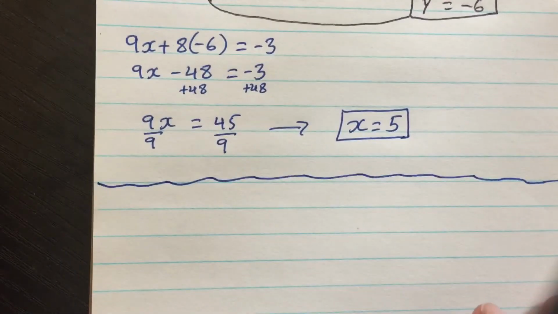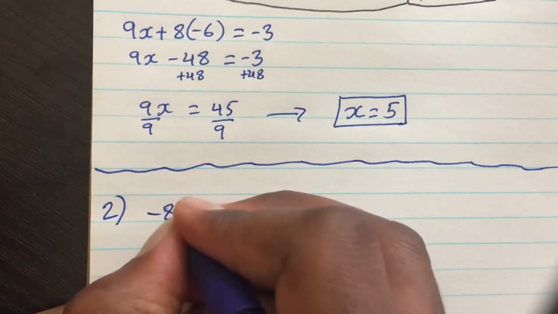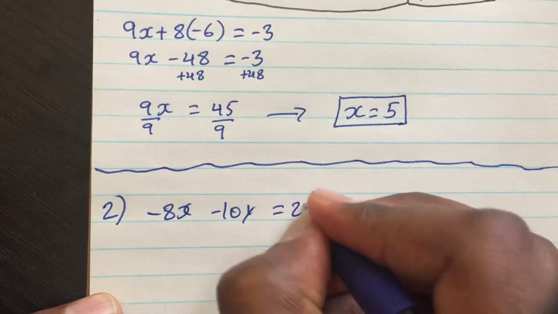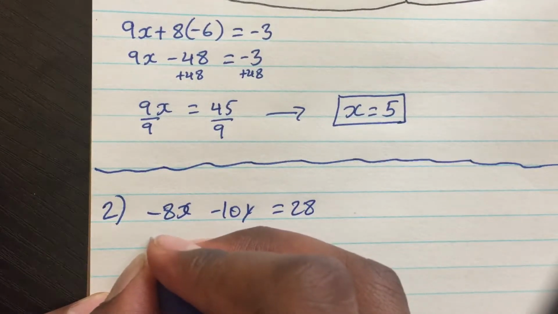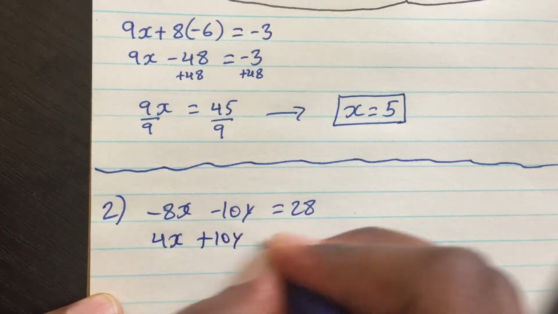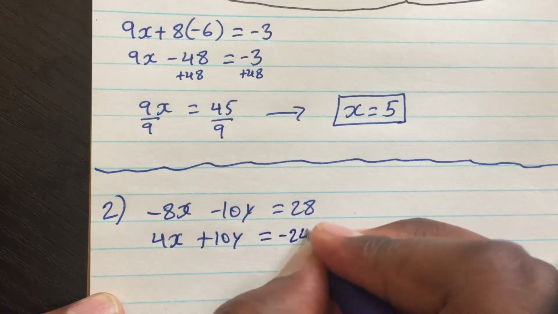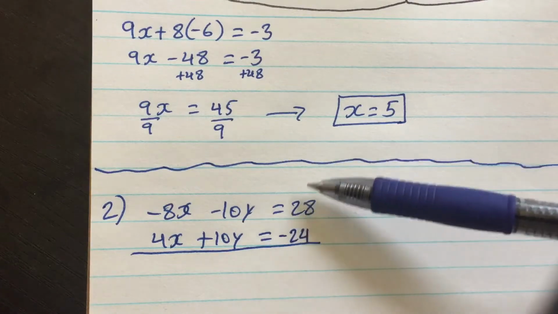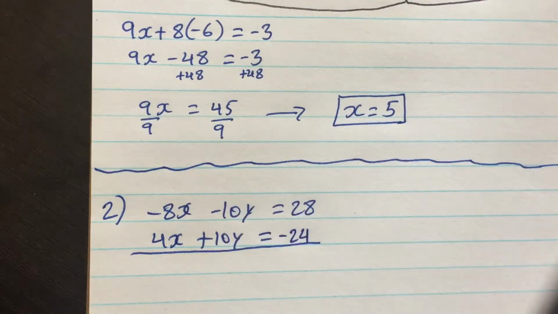Question 2. Let's say we have the following equations. Let's say we have 4x plus 10y equals -24. So the variables or the terms are aligned vertically.